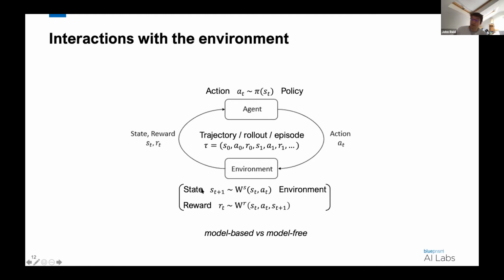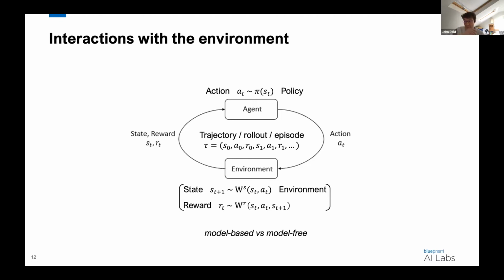And then internally, the environment is updating its state according to some probability distribution that depends on the state and the action. And it's also generating a reward that can depend on the state, the action, and the subsequent state. But the agent may not necessarily see or understand how this works.